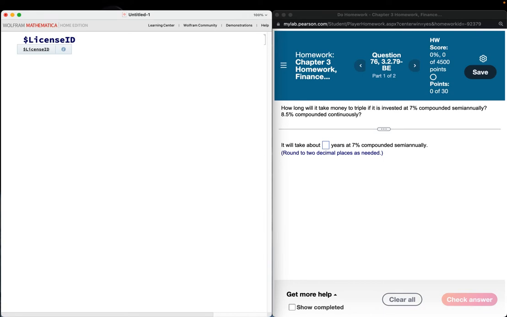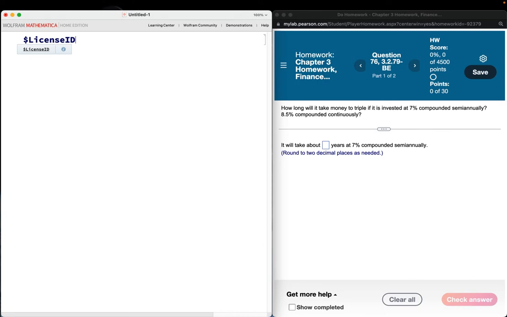It's my copy. But if you enter the dollar sign, and then type LicenseID, capitalization does count in Mathematica, capital L, and then capital I, capital D, okay? So if you press Shift Enter, that will tell you the license ID for your copy of the software.